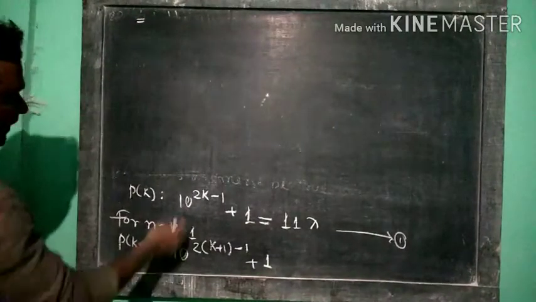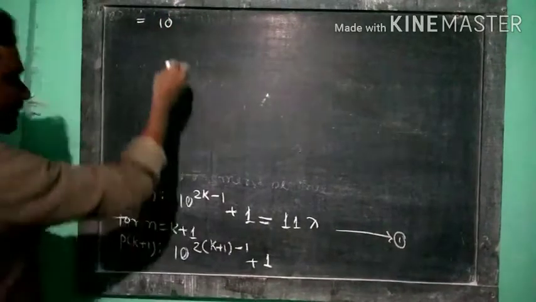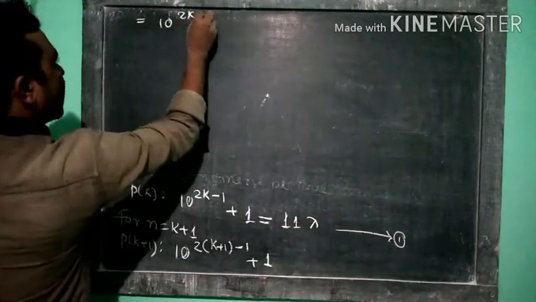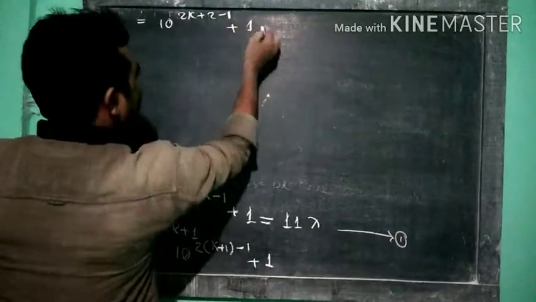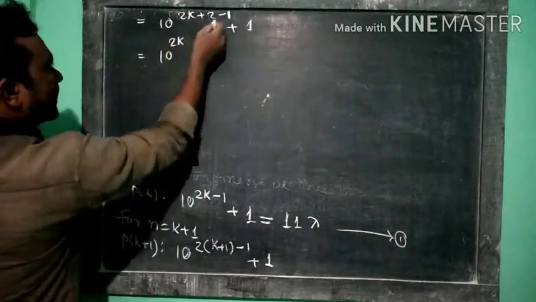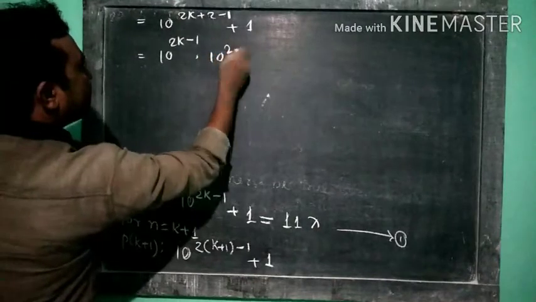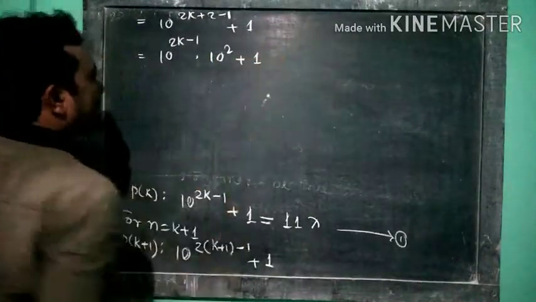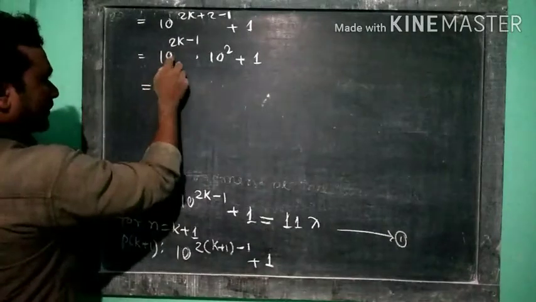This can be written as 10 to the power, if we multiply, 2k plus 2 minus 1, plus 1. So this can be written as 10 to the power 2k minus 1 into 10 square plus 1.